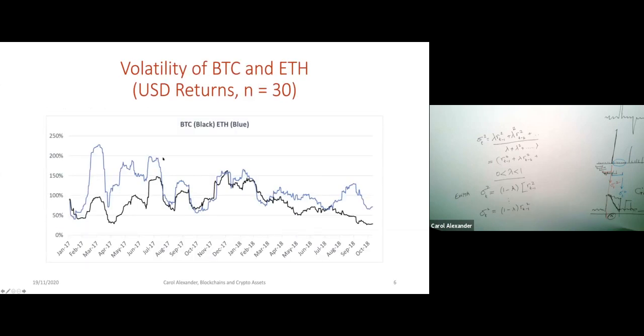So here's a little graph of Bitcoin and Ether volatility based on the equally weighted model with n equals 30. You can see these ghost features I was talking about, particularly in Ether at the beginning. And here, look, in July. And volatility has been going down over that period.